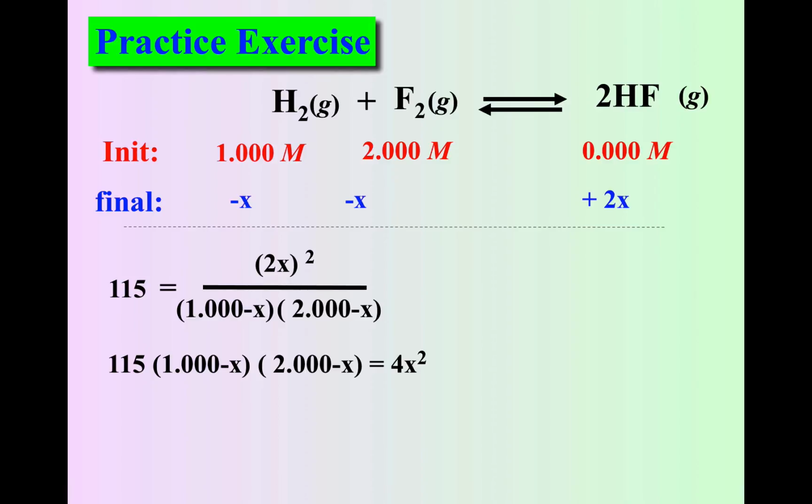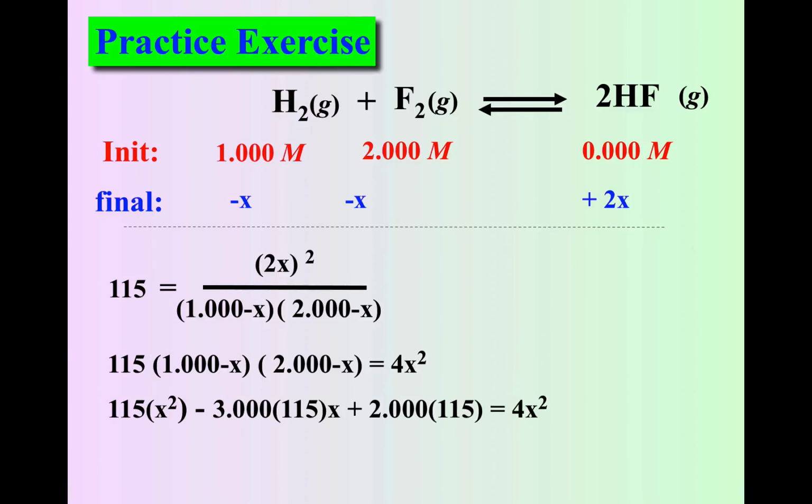So if I multiply both sides by 1 minus x times 2 minus x, I end up with 115 times this is equal to 4x squared. So if I collect terms, multiply first, outer, inner, last, I get an expression. And I want to solve for x.